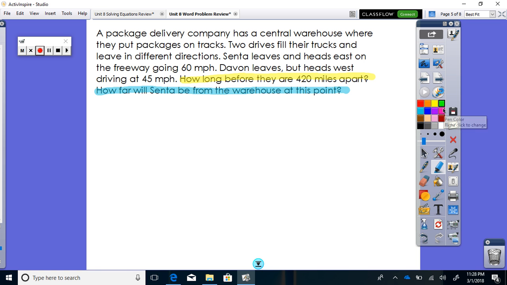Then I'm going to ask myself, what do I know? I know that they are leaving in different directions, and I know that Senta's going 60 miles per hour, and I know that Devon is going 45 miles an hour.